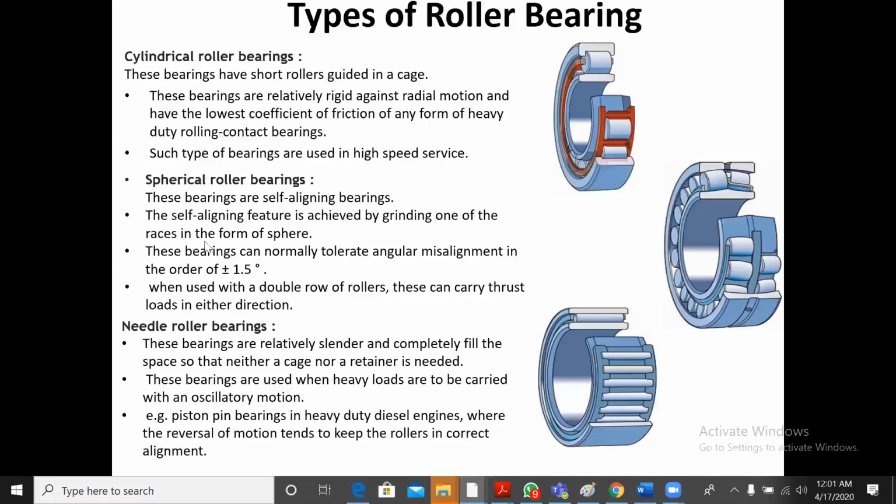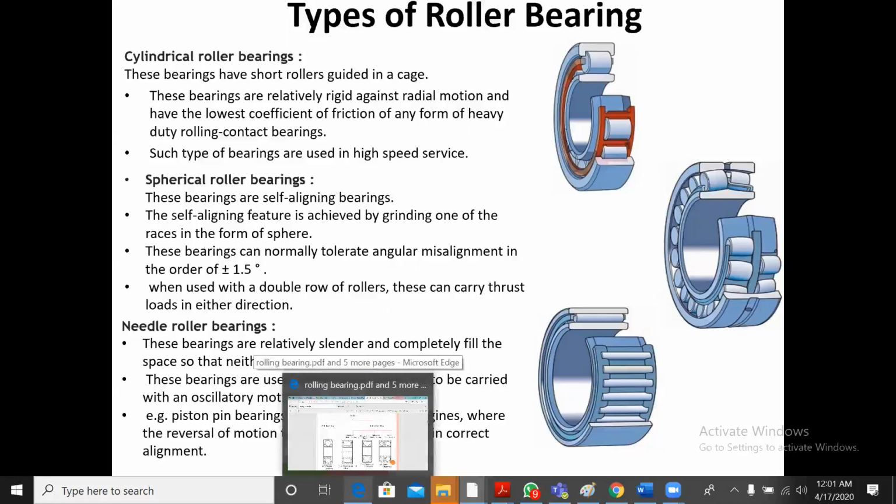Okay. So spherical roller bearings have the self-aligning property, because with this type of rolling element, the spherical rollers between the races are ground in the sphere form so that misalignment can be adjusted by the wedging action of the rollers. Such bearings can sustain a misalignment of plus minus 1.5 degree, that means up to 3 degree misalignment.